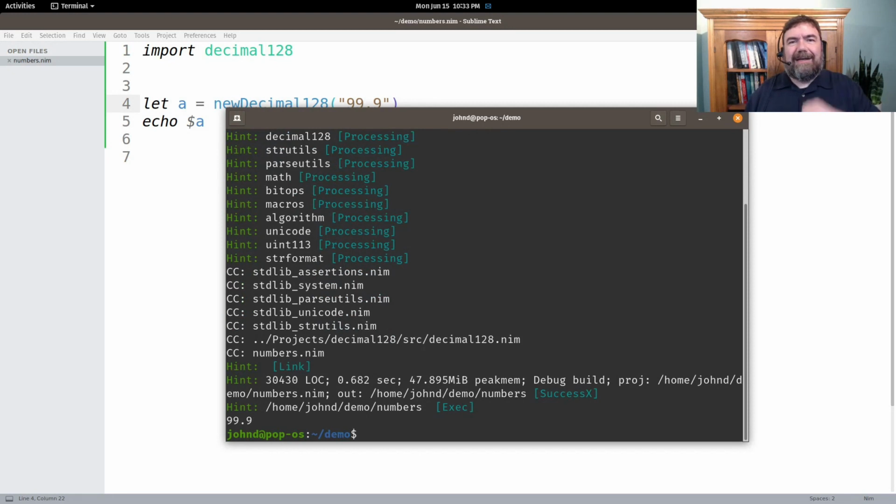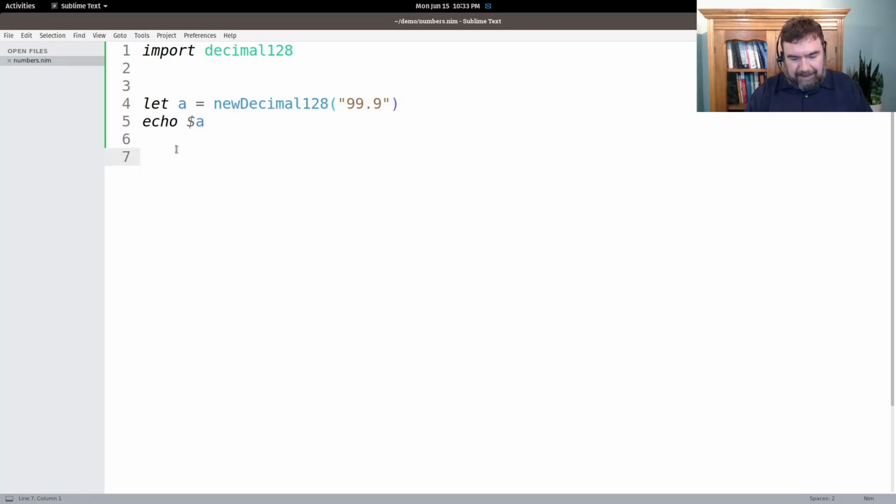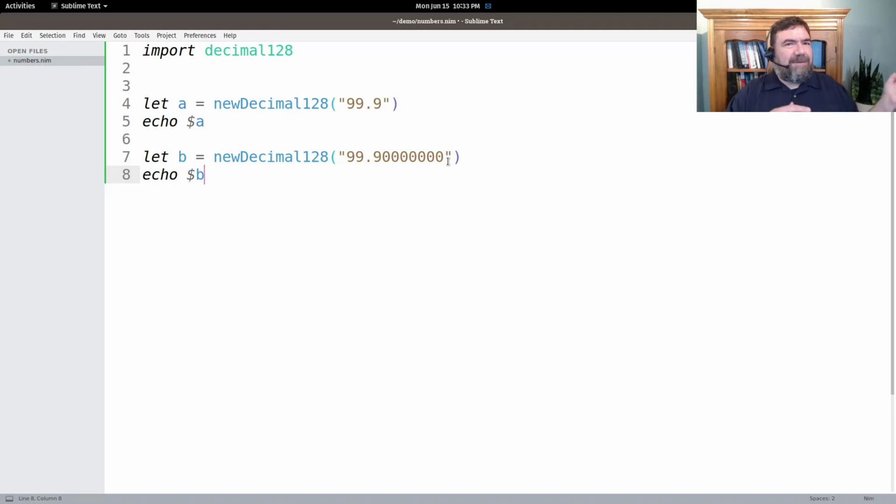Here we go, 99.9. Now let's show you a little bit about scaling. Let's make another number here. Let b equal, okay, here we've got a number that actually has more zeros after the decimal point. By the way, significance only has to do with numbers on the right. Numbers on the left are significant to infinity.